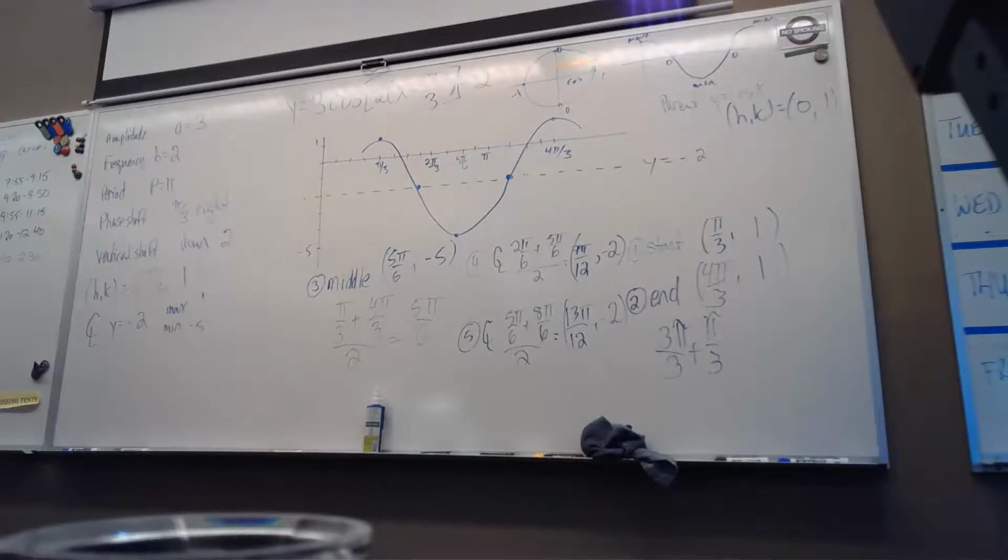I need a copy. Questions? I extended it so that every 4 is there. All right, guys. Notice that the process is the same every single time, just like everything else we've done. A lot of math is process.